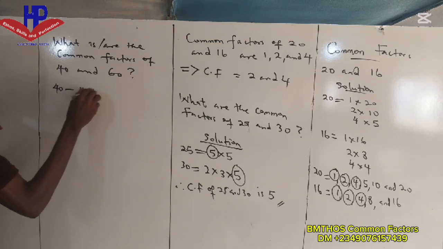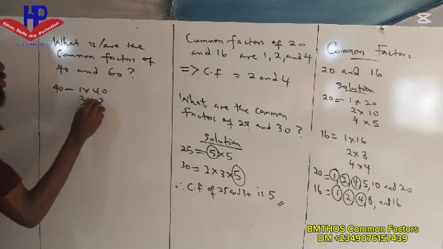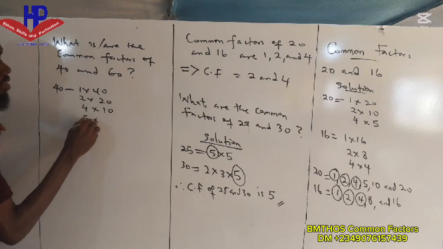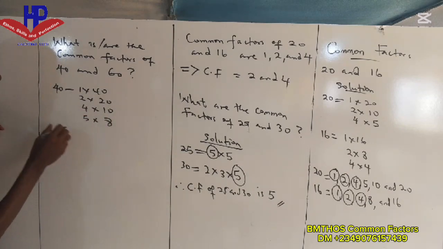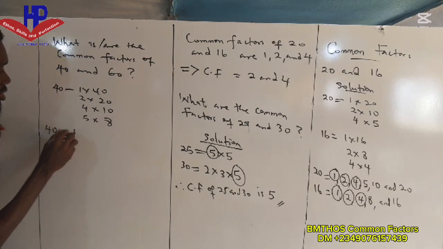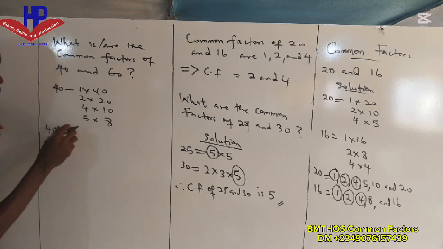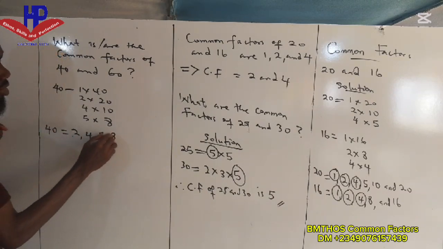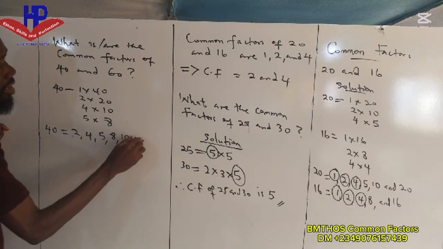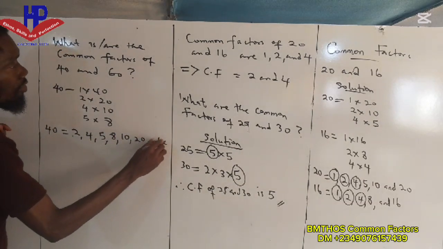That will be 1 times 40, 2 times 20, 4 times 10, 5 times 8, that is all. So 40 is equal to 1, 2, 4, 5, 8, 10, 20, and 40.